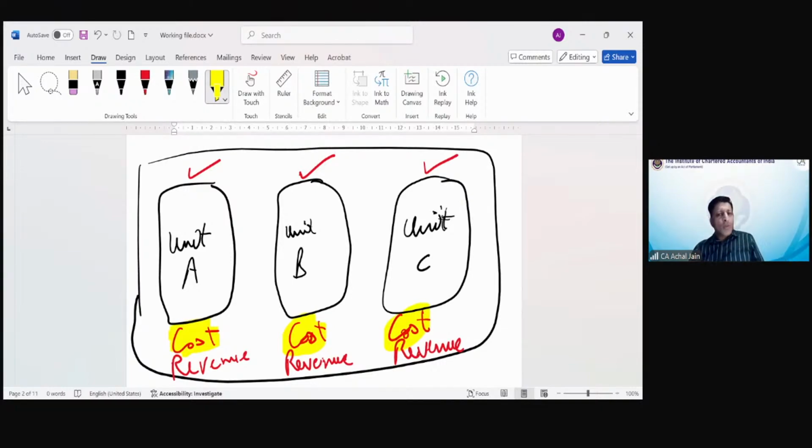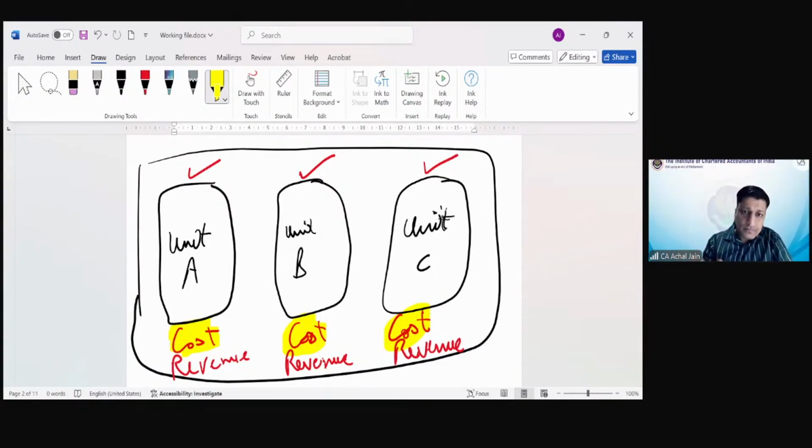Okay, but whether 3 contracts are executed or a single contract is executed, wherein the amounts for all of these units are mentioned, does it really matter to us? No, because we are required to check whether we should be combining all of these 3 units, means whether they are interdependent or not. Now, nowhere in the question it is written that they are interdependent.